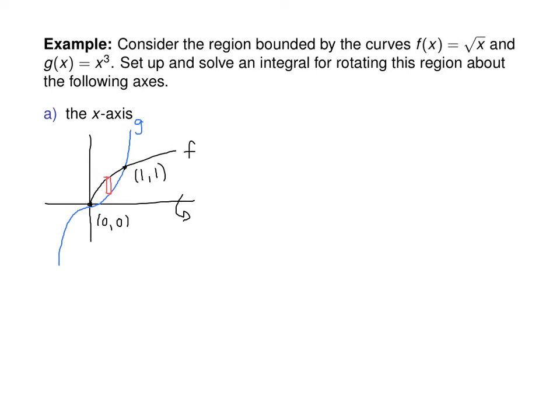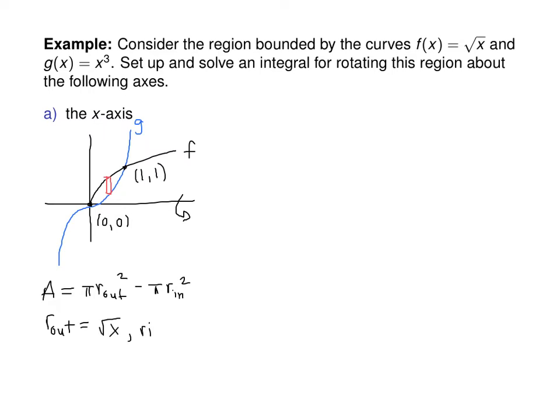So the area of our cross section is pi times the outer radius squared minus pi times the inner radius squared. So r out is the distance from the axis of rotation to the outer curve. In this case, that is root x.